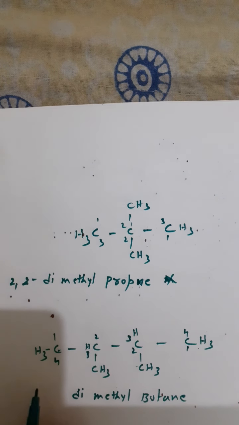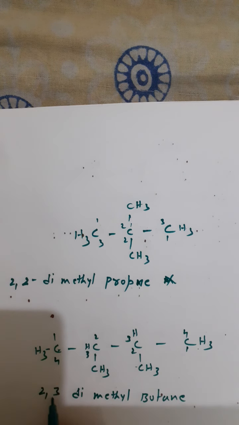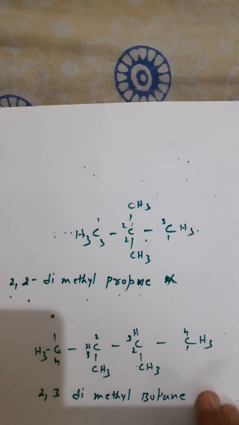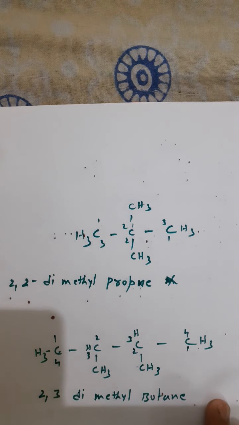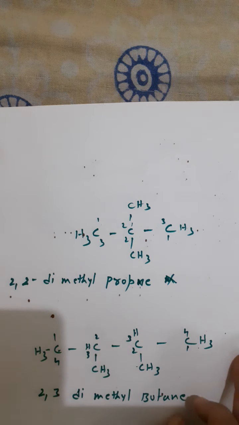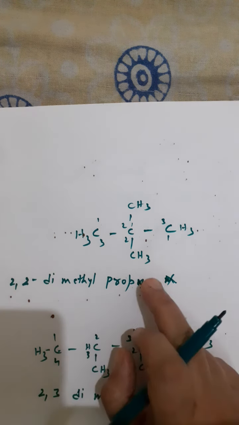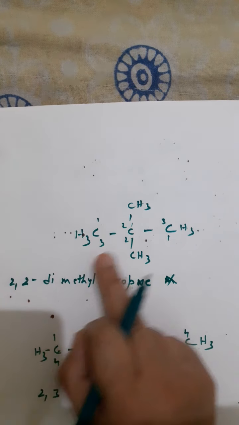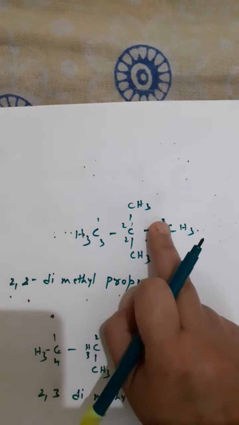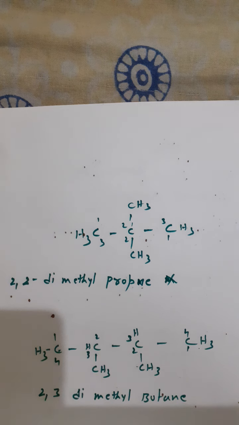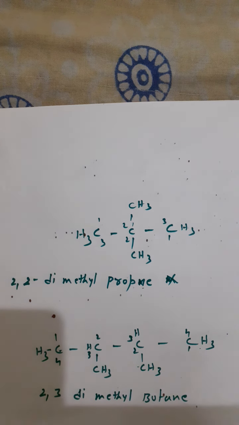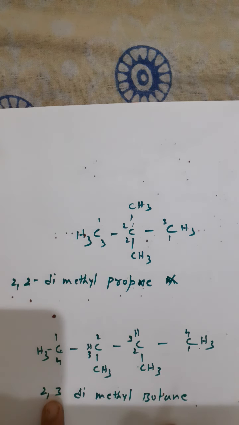So now the name is 2,3-dimethylbutane. So what is the name? 2,3-dimethylbutane. Okay. Now what about this one? It is 2,2-dimethylpropane. Fine, children. So this is the positioning. The positioning should be given by preferring the least value.